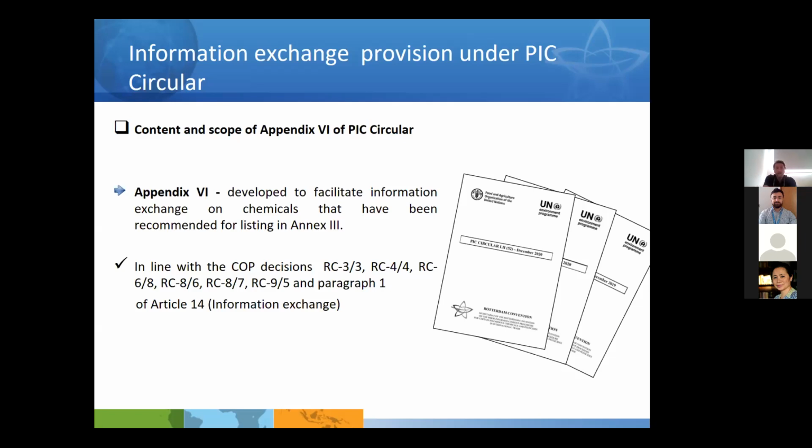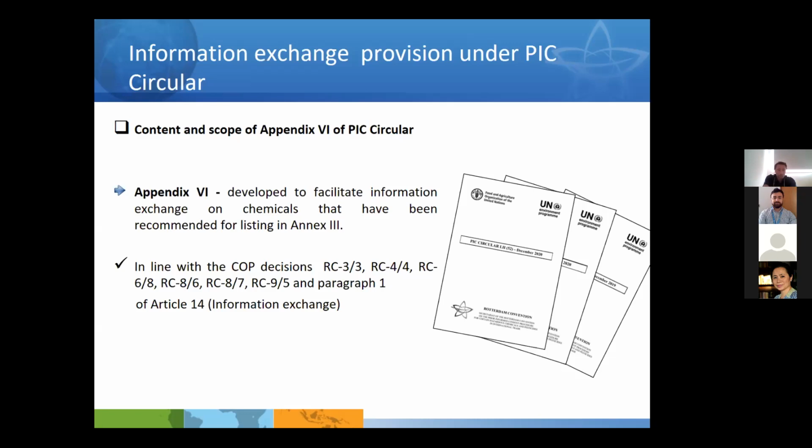And this Appendix 6 was actually added lastly into the PIC Circular with the idea to support these COP decisions on chemicals recommended for listing into the Annex 3 list.